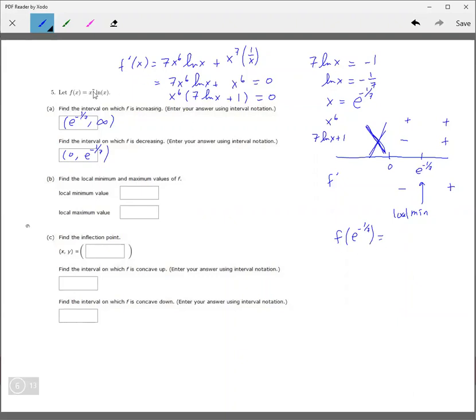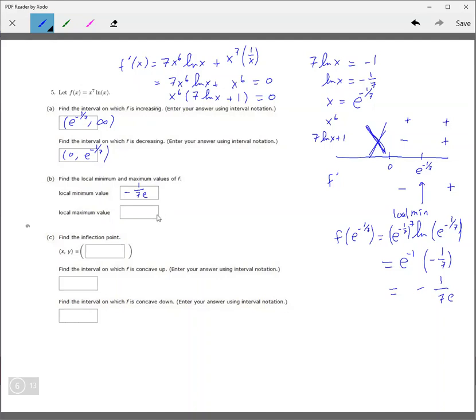So that means we put e to the negative 1 over 7 in here, and that's raised to the 7th power, times the natural log of e to the negative 1 over 7. This is going to be e to the negative 1, and then this is going to be negative 1/7. So it's negative 1 over 7e. Okay, that'll be the local minimum value, negative 1 over 7e.